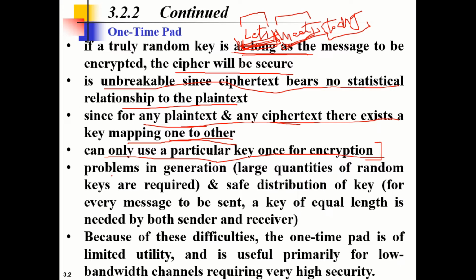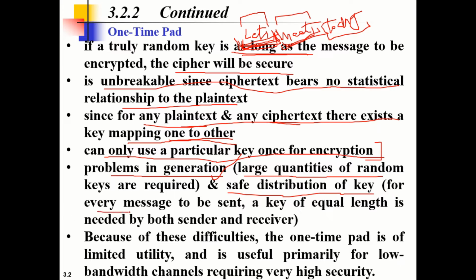Now the problem arises when we use this kind of ciphering technique: the generation of the key, because you need large quantities of randomly generated keys, right? So key generation will be a problem, and the safe distribution of the key will be a problem. What does it mean?